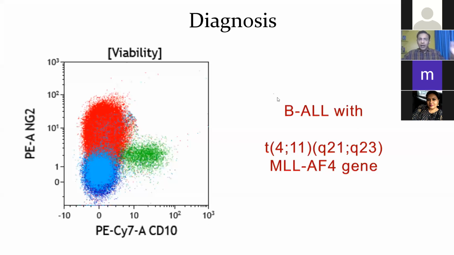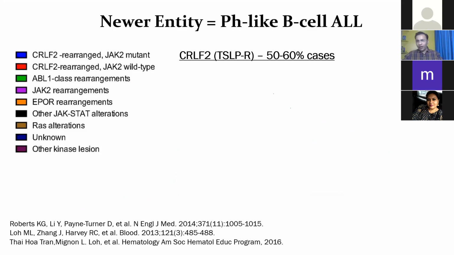Now, coming to the next entity, which we have heard about for the last 5 to 10 years, that is Ph-like B-ALL. Now, these are the common aberrations which are seen. I am not going into detail on Ph-like B-ALL, but I would like to highlight that CRLF2 rearrangements or mutations or fusions are the commonest abnormality present in Ph-like ALL.